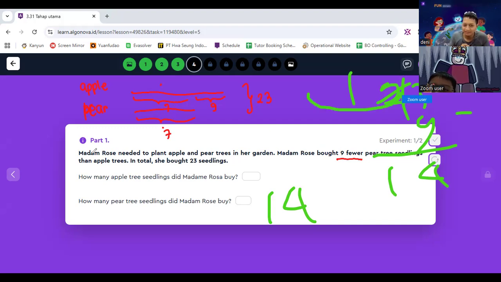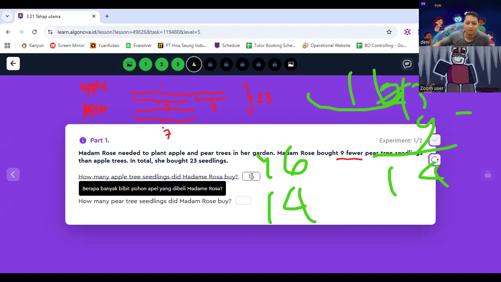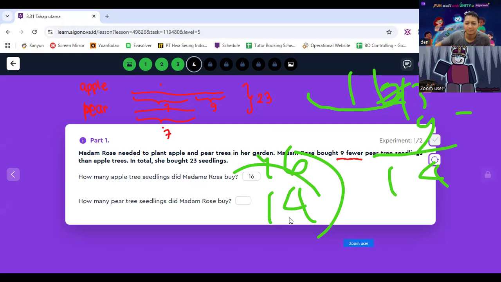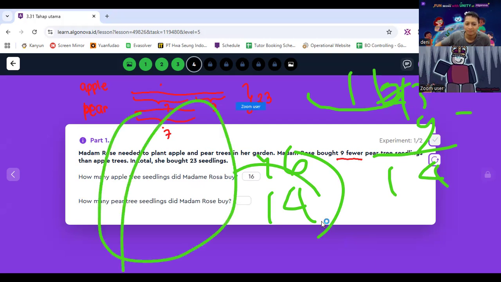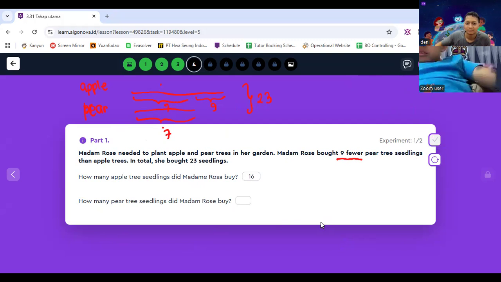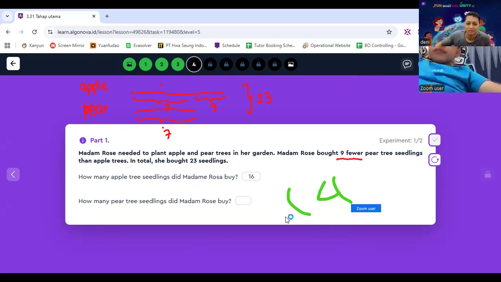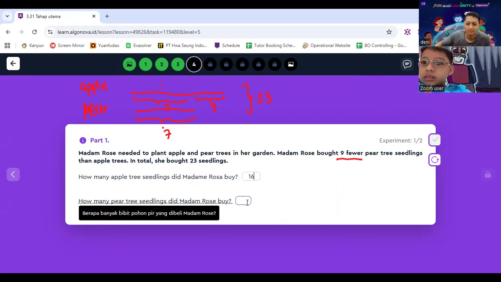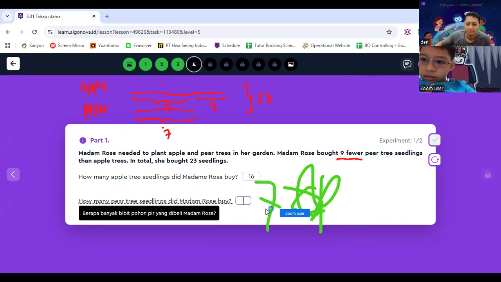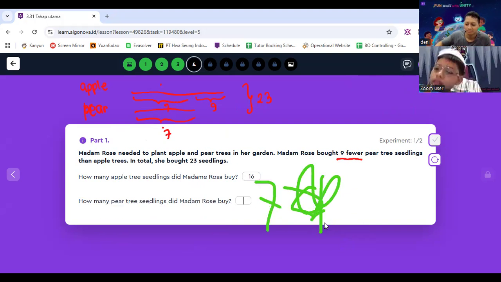How many apple trees? Okay. Then for a pear. Okay.